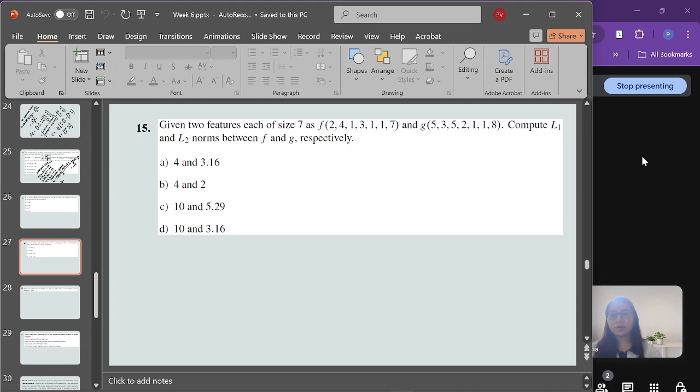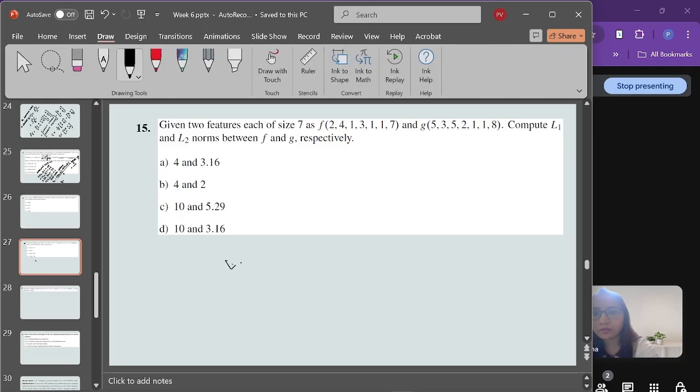L1 norm we have calculated, and we got 10 for this. And now we have to calculate the L2 norm, which, as we already know, is the square root of the summation of all the squared values.